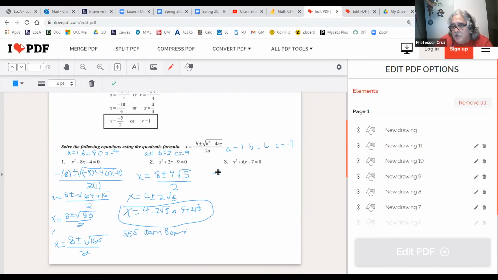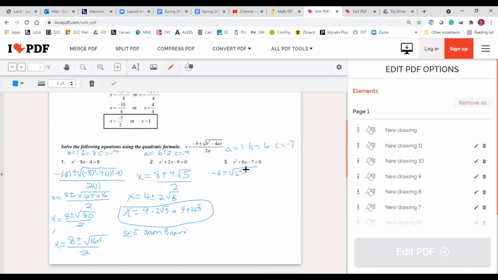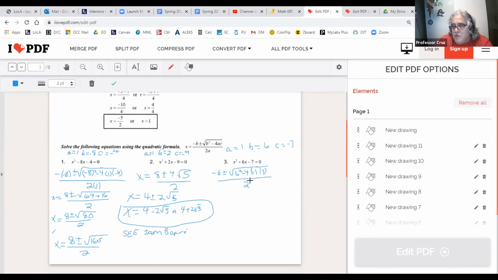So negative 6 to, so A is 1, B is 6, C is negative 7. Plus 28 over 2.